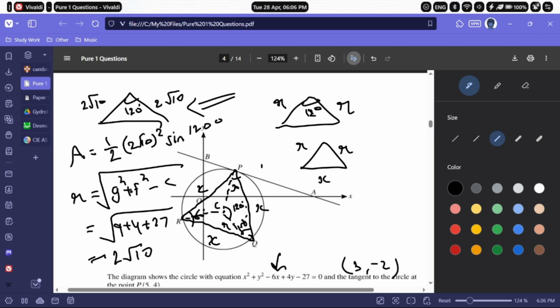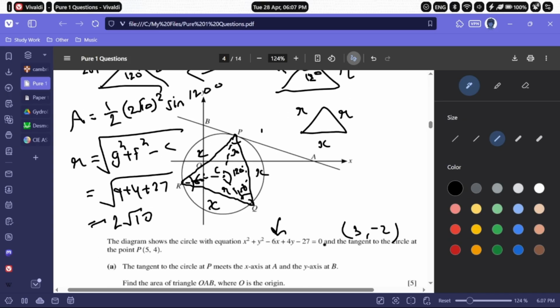So the radius is just the square root of g square plus f square minus c, where c is equal to this constant right over here. So I just use the formula right away. G, you can think of G as 3 and then F as 2.